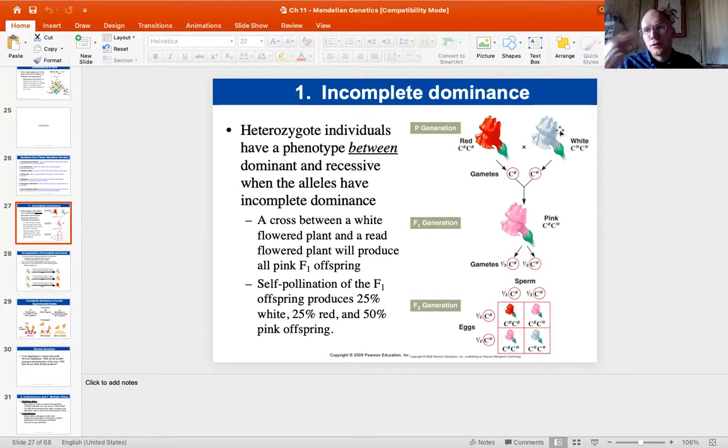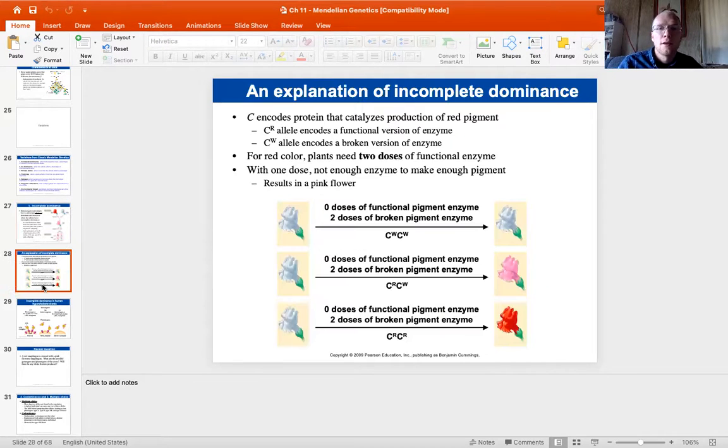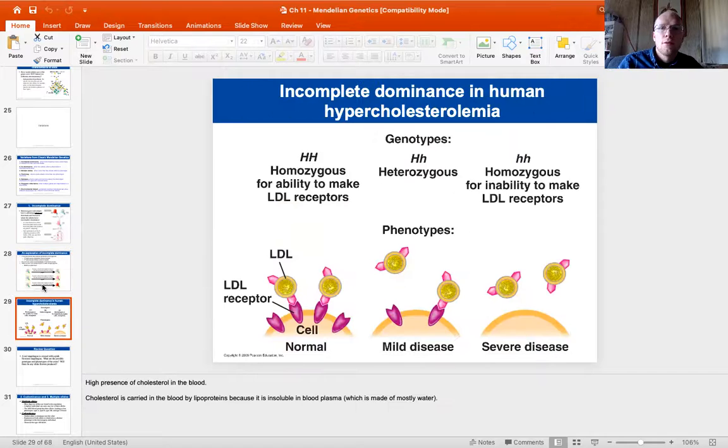But the easiest example is to think of flowers. But I just wanted to show you that all of these examples go beyond the example case. Another example that your book talks about has to do with cholesterol. And again, this is a common case in a lot of genetic diseases.